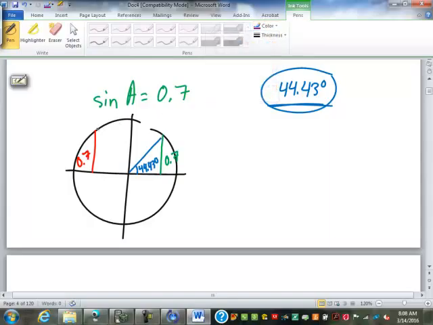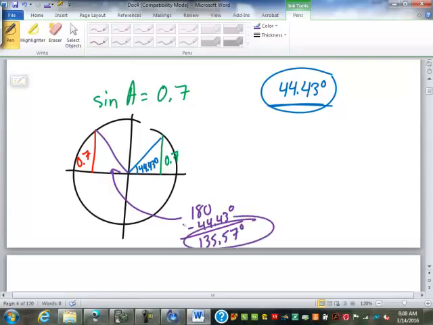And that angle is at 180 minus 44.43 degrees, or 135.57 degrees. Make sense? Calculator is only going to give you this one. Only going to give you the acute angle. But there's an obtuse angle, the supplement, that's going to be the same.